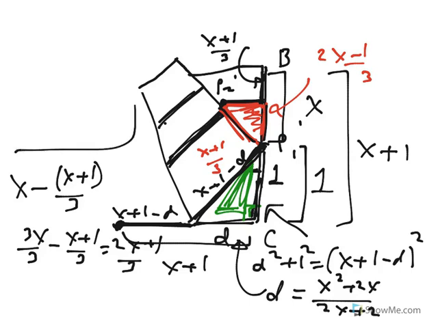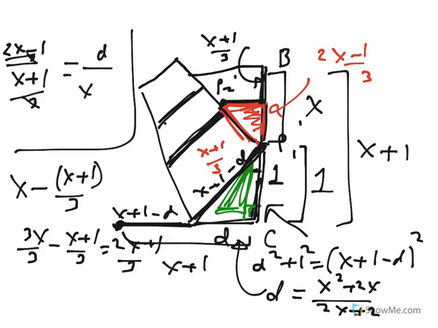Now, because the red and green triangles are similar, we can say their sides are in proportion. So (2x minus 1) over (x plus 1), well really it's (2x minus 1) over 3 over (x plus 1) over 3, but those cancel out, will equal d over (x plus 1 minus d). That's this side over that side.